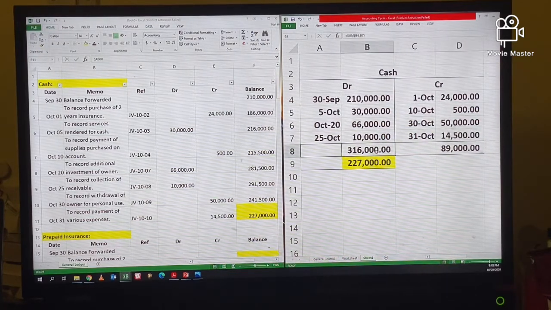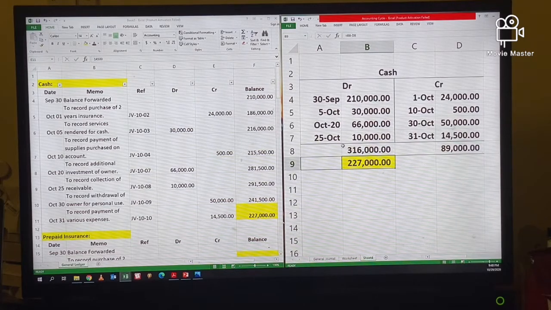And then you foot. In accounting, getting the total is called footing. If you foot it, your total debit is 316,000. Your total credit is 89,000. Since the debit is larger, you have a debit balance of cash of 227,000.